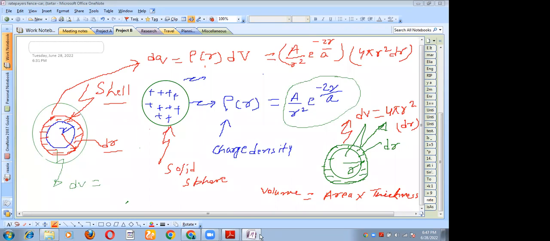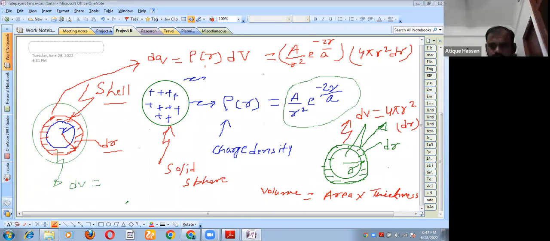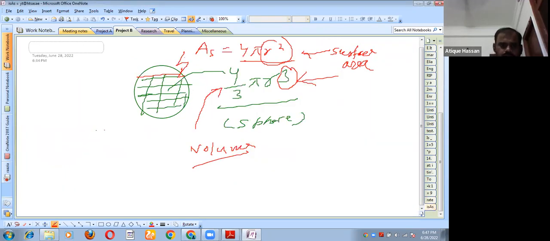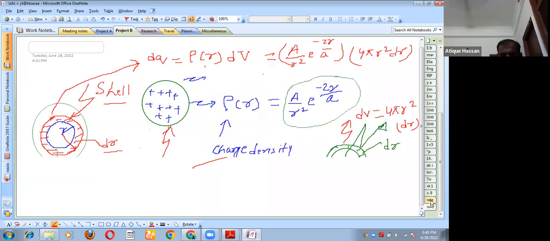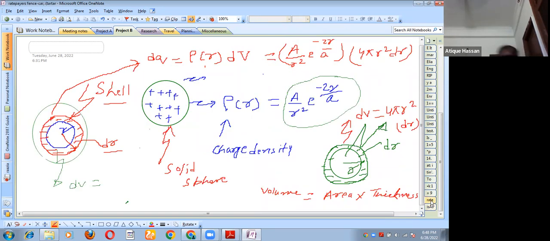Yes, sir. Okay. So now that we have calculated dV, we can calculate the total charge. How to calculate the total charge? The formula for total charge was, so now here we can have the value of dq, in which r square and r square will be cancelled out.